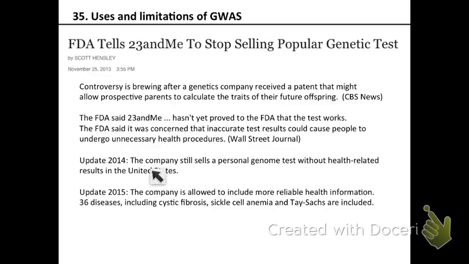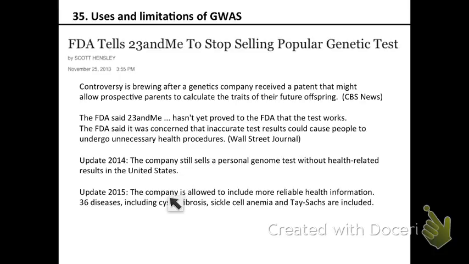But the FDA actually allowed them to sell a personal genome test without health-related results, right? Because 23andMe does this very interesting thing: it looks for your ancestry and where parts of your genome come from, what percentage you are Neanderthal, etc., all that fun stuff. They said, do the fun stuff, it's cool.